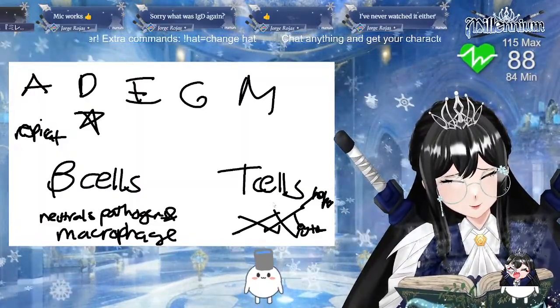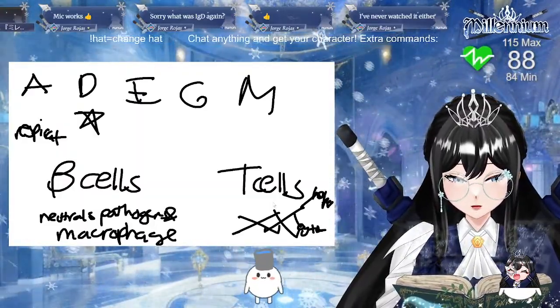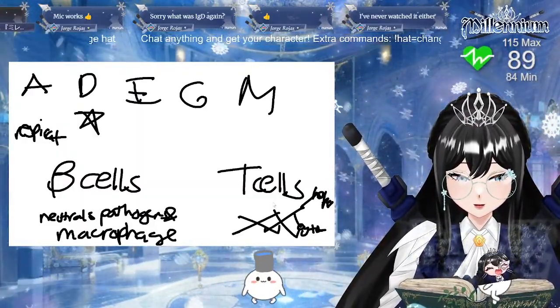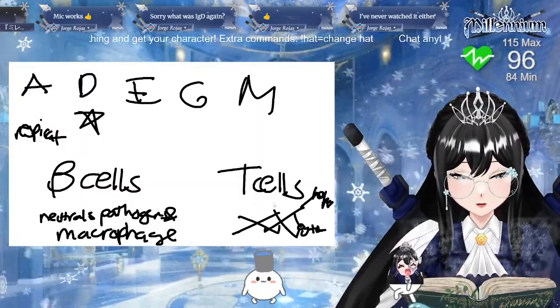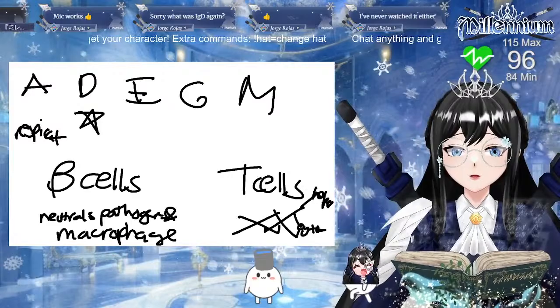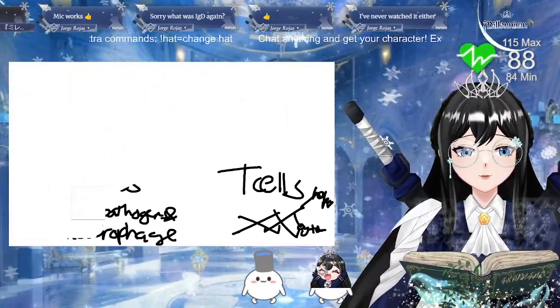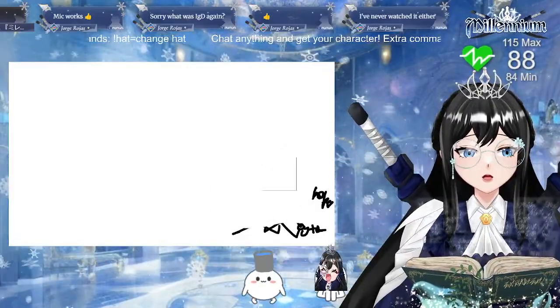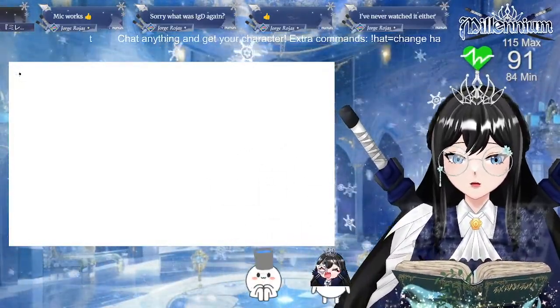You have B cell, T cell, cytotoxic T, regulatory T. These are the lymphocytes. I will draw more of it here, because this mini figure will help.